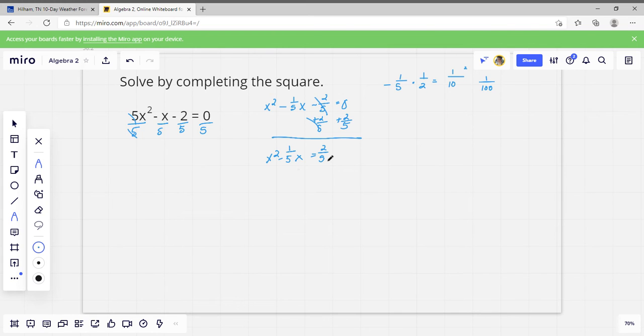Okay, so we're going to add 1 over 100. We're going to get x squared minus 1/5 x plus 1 over 100 equals, now we've got to add our 2/5 and our 1 over 100.